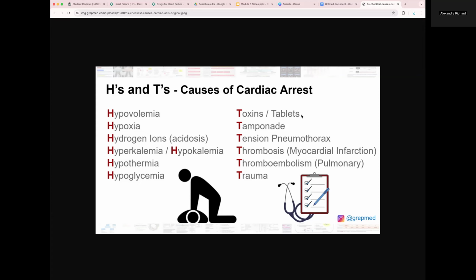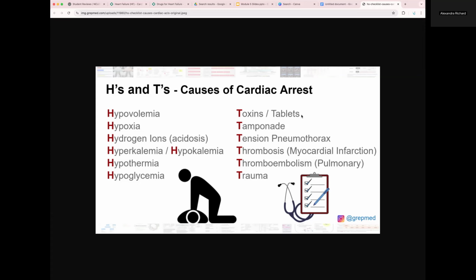You have someone responsible for recording everything that happens: the time the code started, what medication is given, how much medication is given, where it was given, the time, the dose, when compressions started, when we stopped to do a pulse check, was there a pulse, what does the EKG say? Okay, then you have a leader.